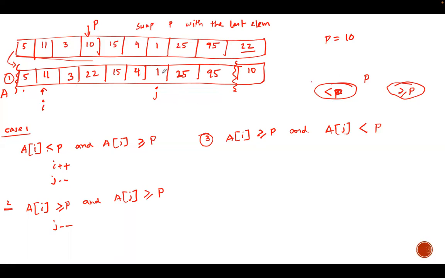Okay. So you can see that 1 is less than pivot, so 1 should actually be on the left side. And 11 is greater than pivot, so 11 should be on the right side. So now this is the case when we are going to do the swapping. So we are going to swap A[i] with A[j]. Okay.